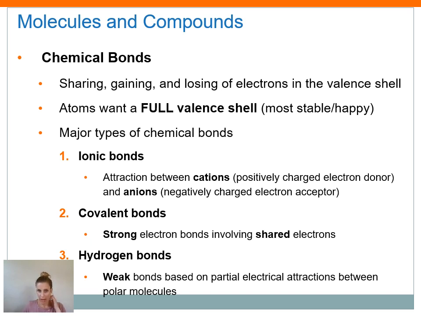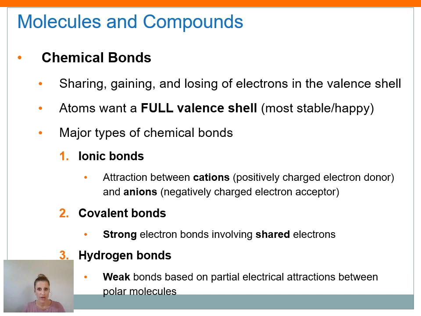Now, a chemical bond, this joining of atoms, occurs because of either the sharing of electrons, so when 2 atoms come together and share electrons with each other, or the gaining and losing of electrons. So when 2 atoms come together and one of them says, hey, I'm going to take your electrons, and this one says, okay, great, bye, you can have them. Okay, so 2 atoms come together and they either share electrons or they take and give electrons. That forms a chemical bond between those 2 atoms that holds those 2 atoms together to make a larger structure.